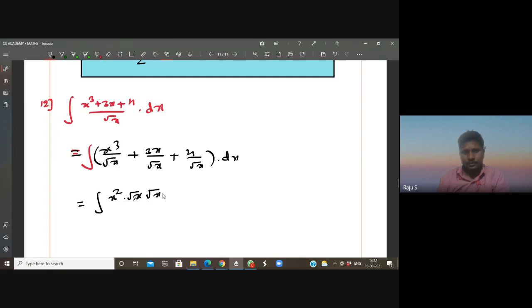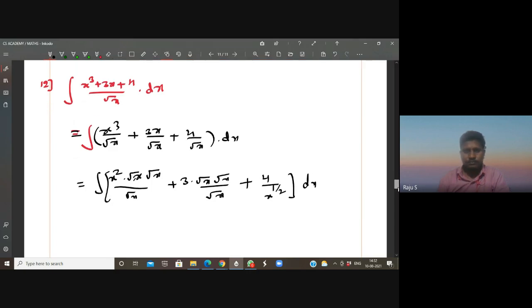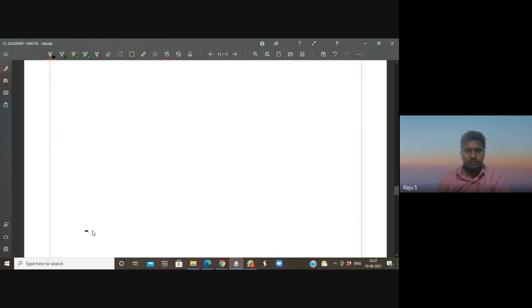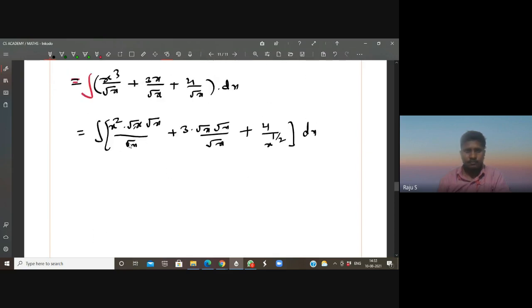X cube, shall I write like this? Three is a constant.